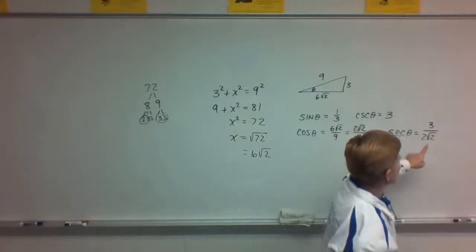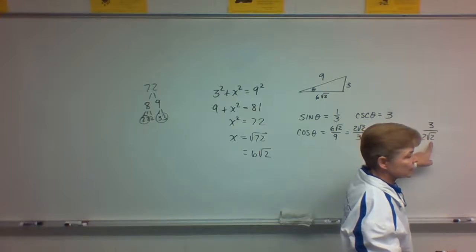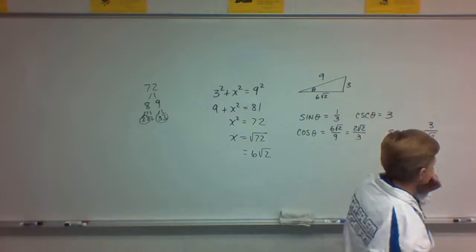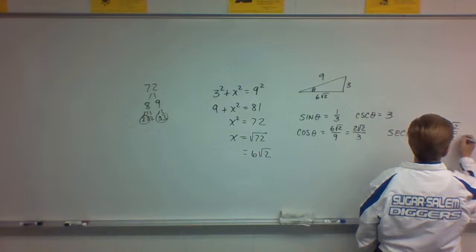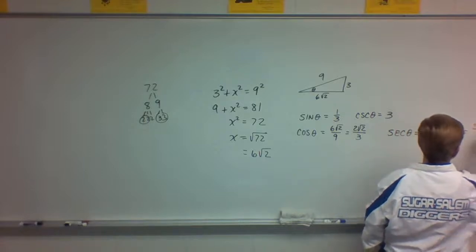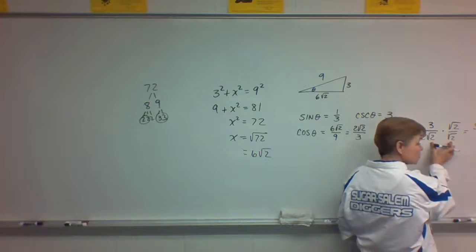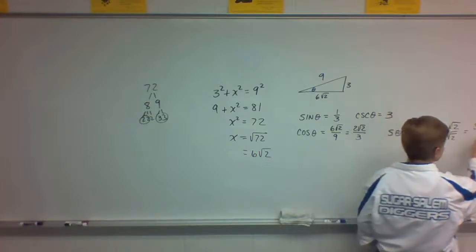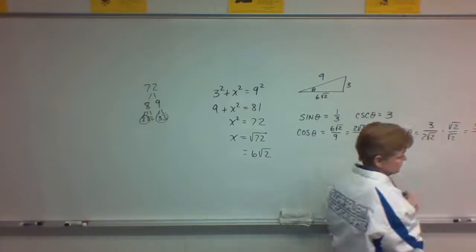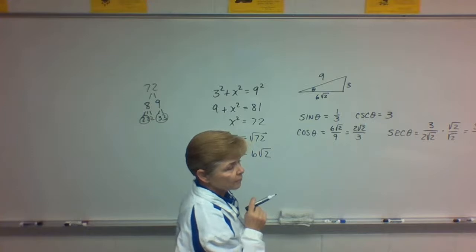You cannot leave a radical in the denominator and have it be proper. What do we have to do to rationalize the denominator? You guys have forgotten. You've got to multiply by root 2 over root 2, which is 3 root 2 over, now watch out here, this root 2 times this root 2 is 2, times that 2, 4. That's what secant is, 3 root 2 over 4.